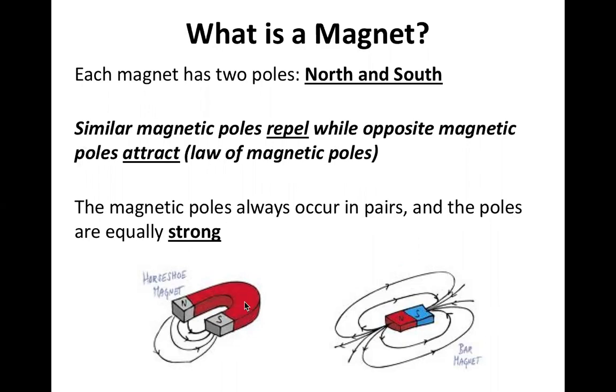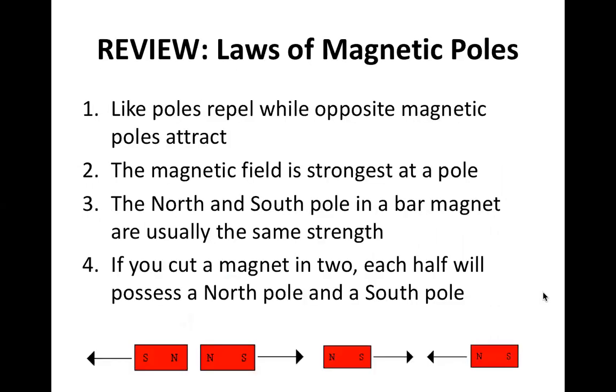So in this picture, we have what's called a horseshoe magnet with a north and a south end, or a bar magnet with a north and a south end. So the laws of magnetic poles include what we've already stated: like poles repel, while opposite magnetic poles attract. You might have learned laws of electric charges, which is similar, saying that like charges repel, opposite charges attract.